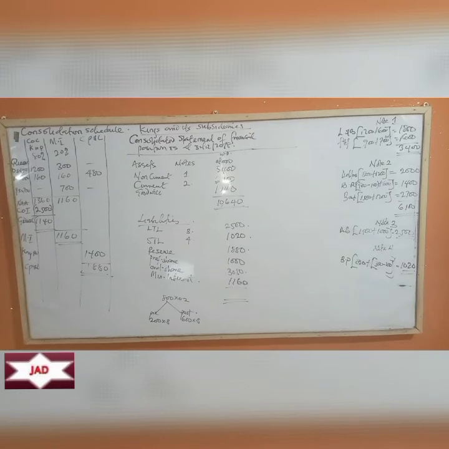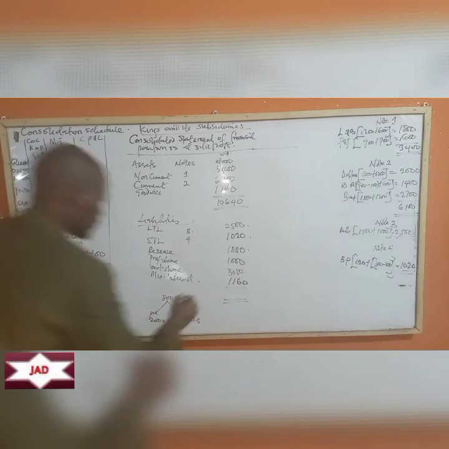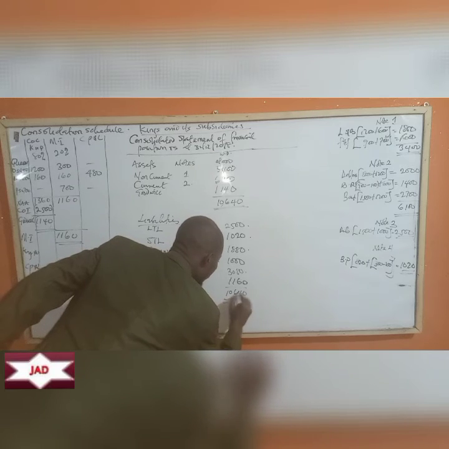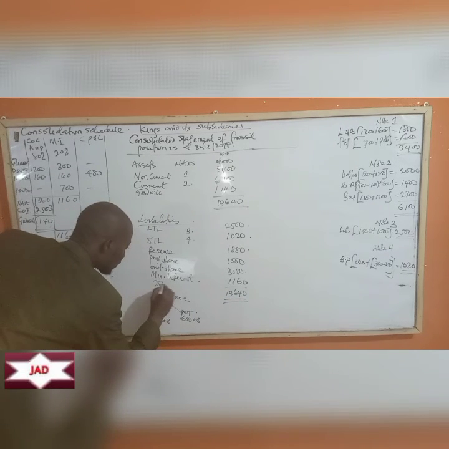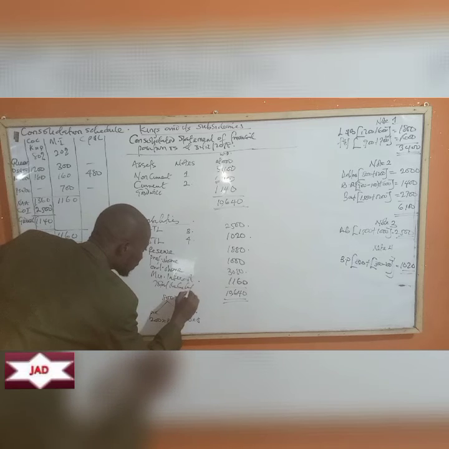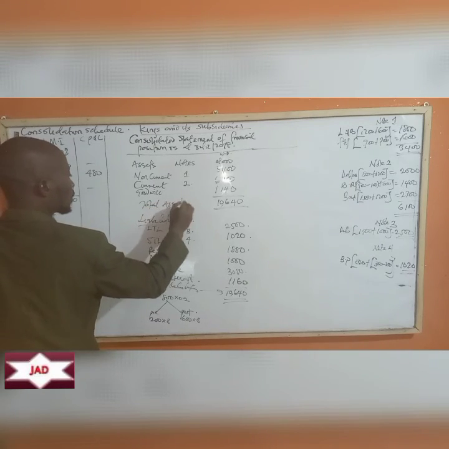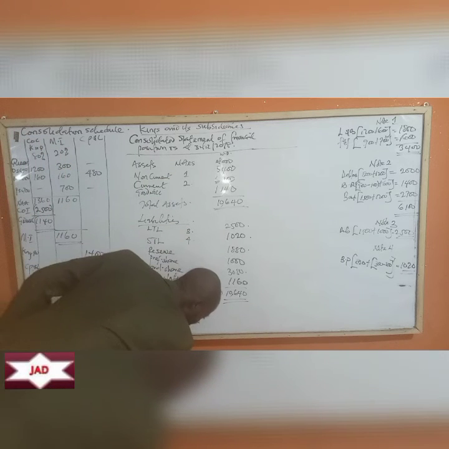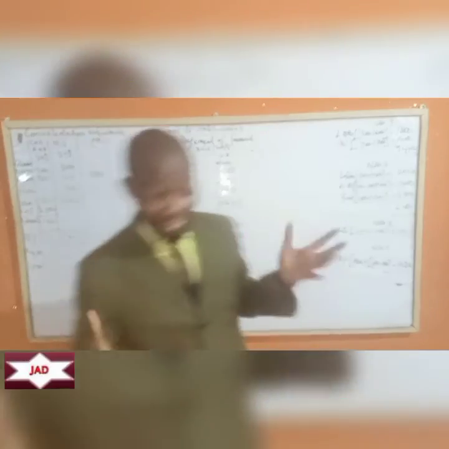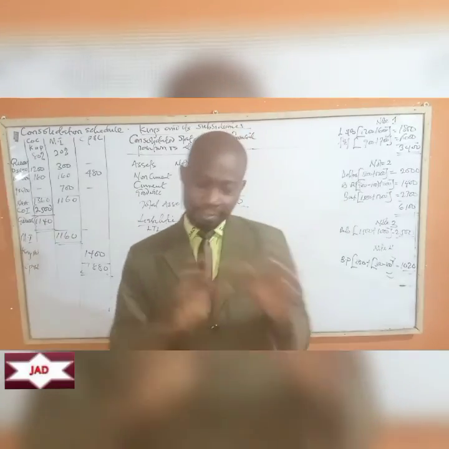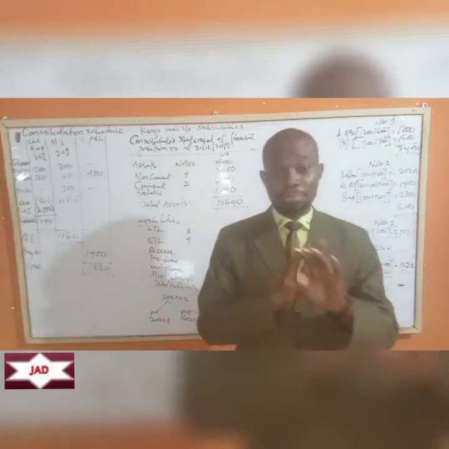What do you have? $10,640. This is your total liabilities. This is your total assets. Okay, so this is the first question where the bill has not been discounted.